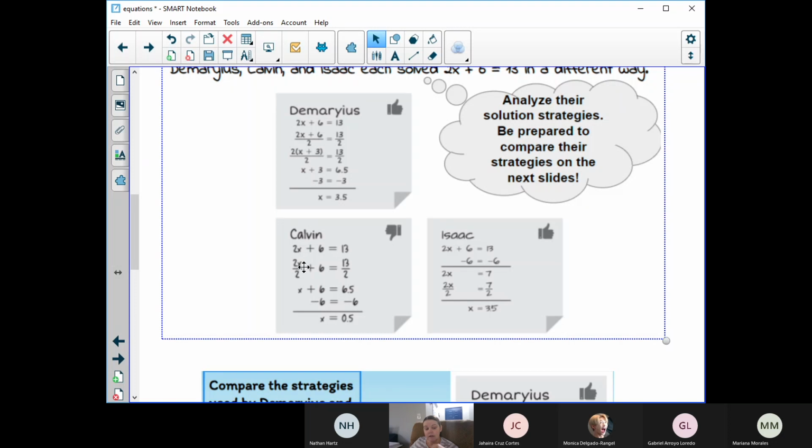Calvin also started with division, but he only divided 2x by 2 and got x plus 6 equals 6.5. He undid this addition of 6 by subtracting and got x equals 0.5 as his answer. And then Isaac did what we just did. He started by undoing the addition, and then he divided by 2 and got 3.5.